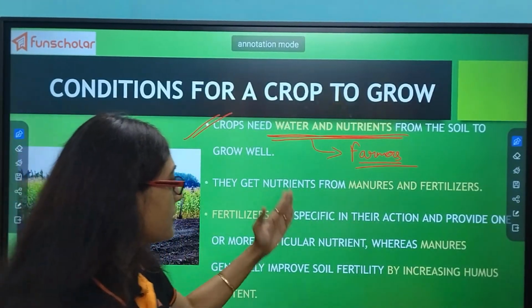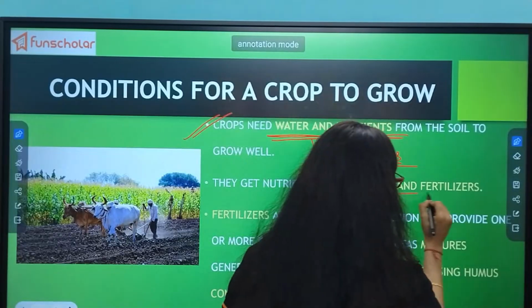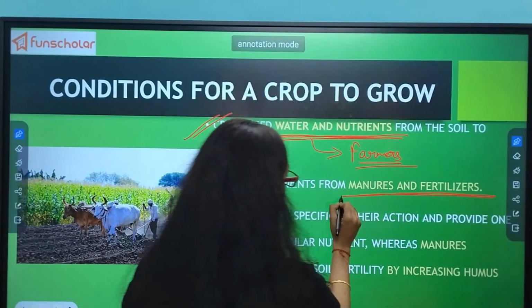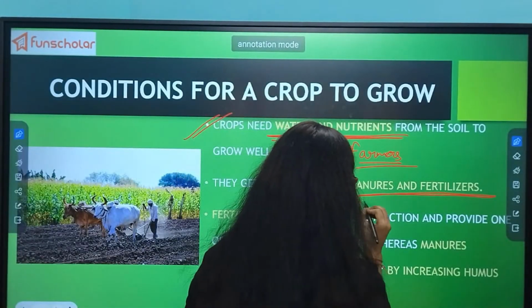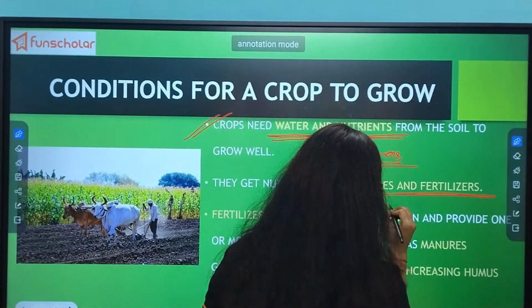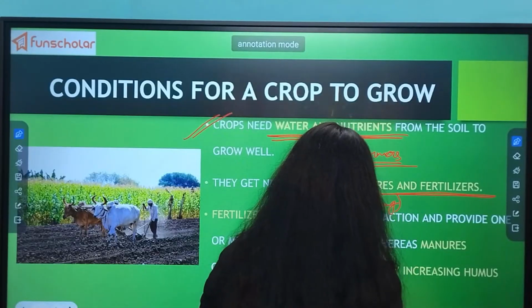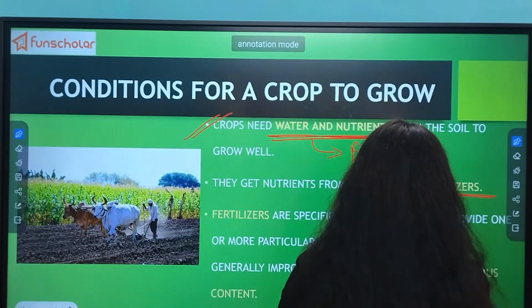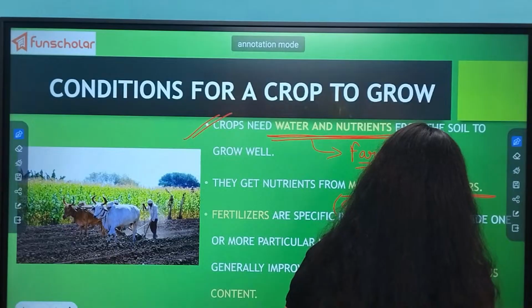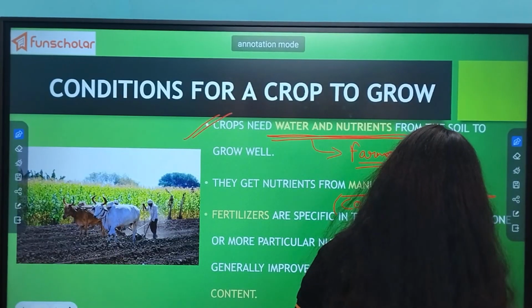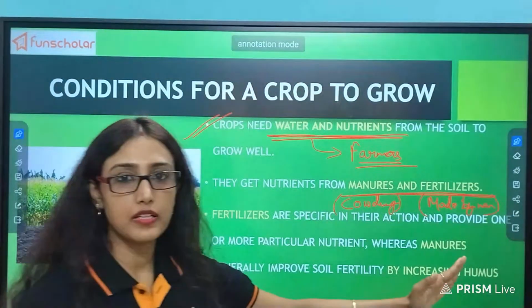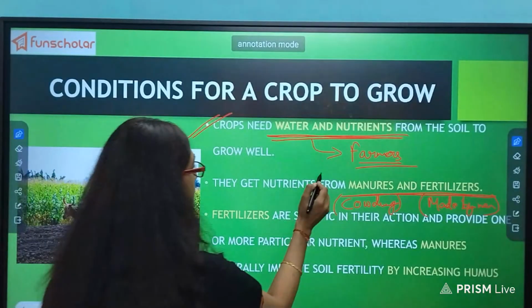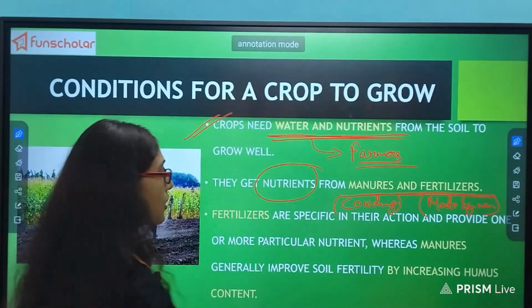They get nutrients from manures and fertilizers. Okay? What is manure? Manure is cow dung or something of natural origin. And what is fertilizer? Fertilizer is made by man. Okay? And what is the function of manures and fertilizers? They provide nutrition to the crop.